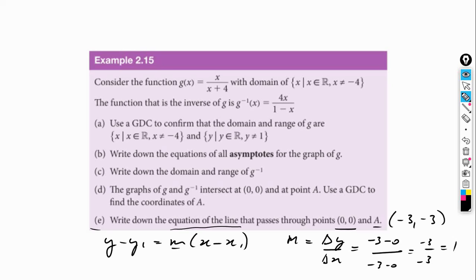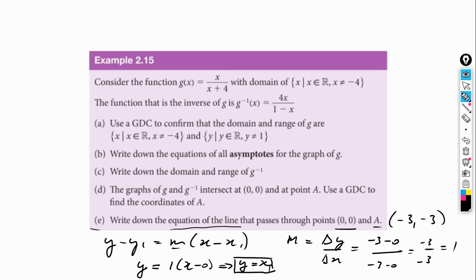Let's use the coordinate (0, 0), because it's the easiest one, right? So we would have y minus 0, that's just going to be y, is equal to 1 times x minus 0. So notice that this is going to be y equals x. So y equals x is the identity function.